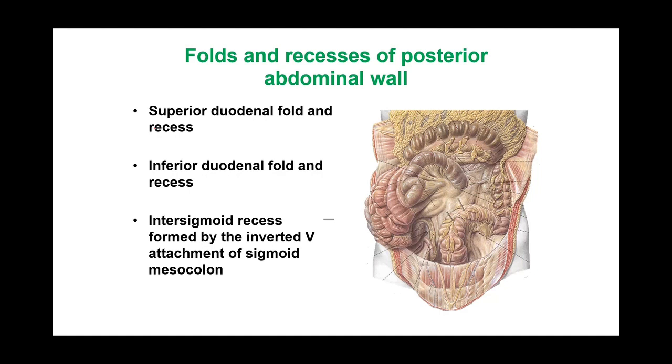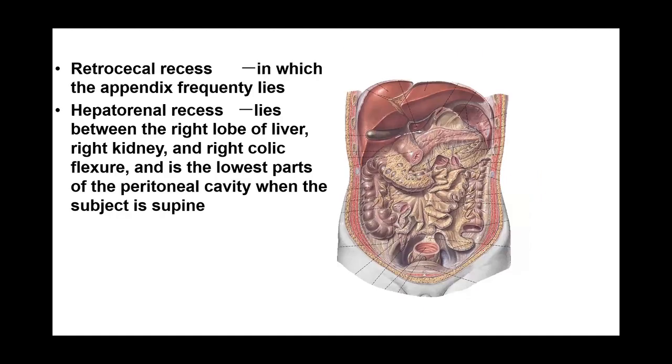The intersigmoid recess is formed by the inverted V attachment of the sigmoid mesocolon. You can see it here. Retrocecal recess, because the cecum is here, it will have a recess. And when you have the retrocecal appendix, most of them, 75%, lie in that retrocecal recess.